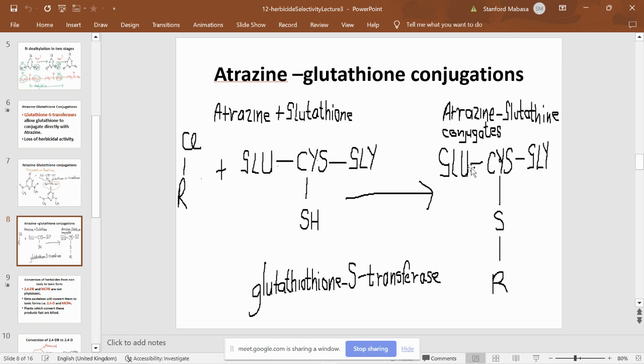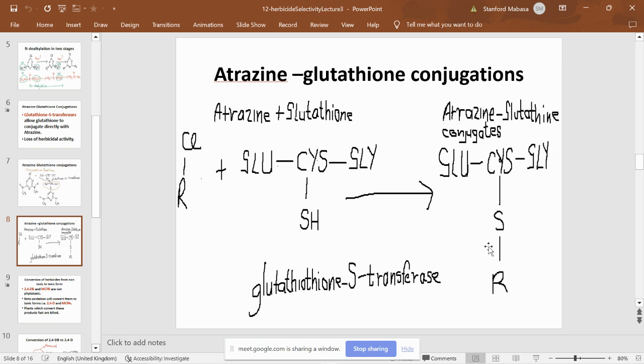This could be a simplified version of the atrazine glutathione conjugation reaction. Atrazine plus glutathione, we can represent atrazine using this, and this is the glutathione with the reactive component, the SH.